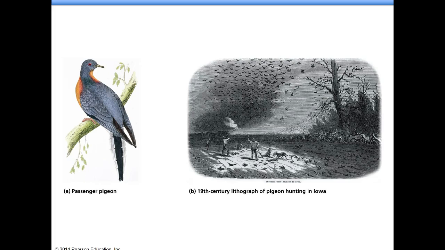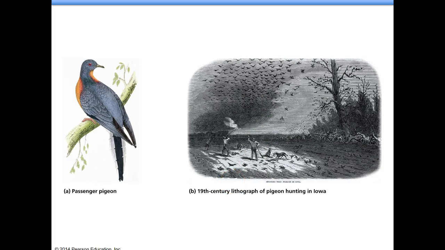So here's a picture of the passenger pigeon. This was a very abundant type of bird that we used to put little notes on, and it would fly from one area to the other and deliver these notes and messages. And literally they existed in flocks like you see in this picture.